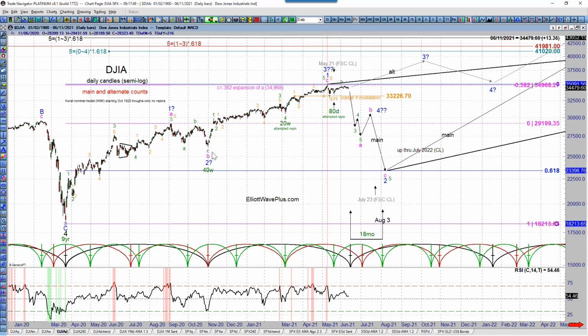However, within that 40-week cycle, there are two 40-week cycles in each 18-month cycle. So within this second 40-week cycle, in red, I've started here and placed the next 20-week cycle marker here, which I believe is the correct placement for that 20-week, because that's just about right in between.